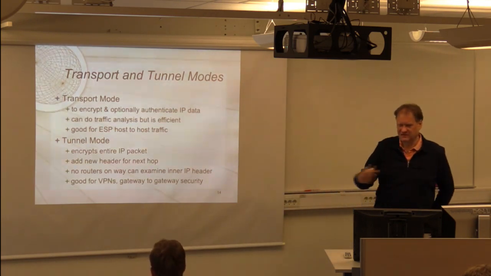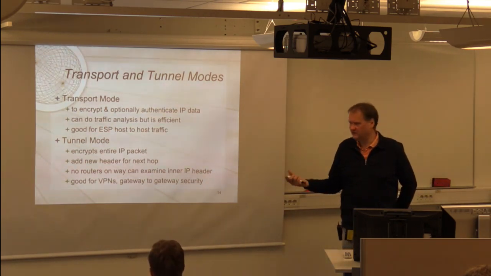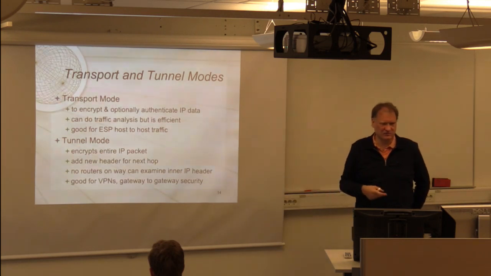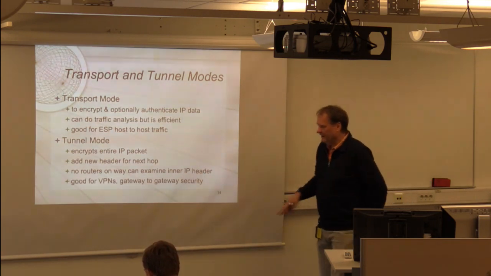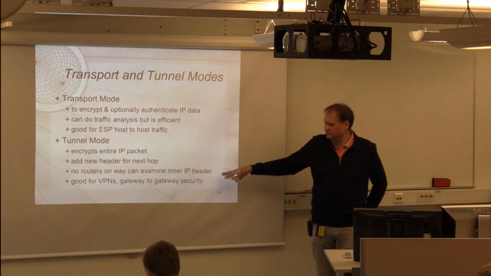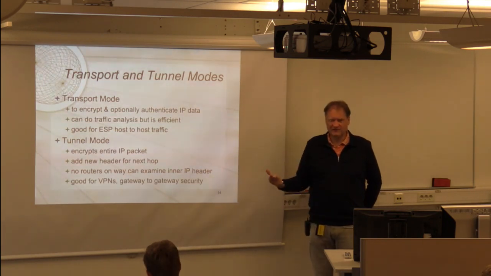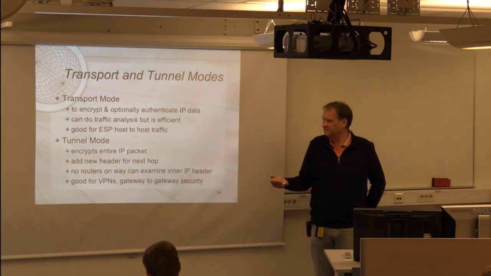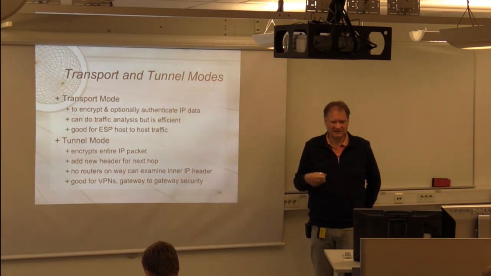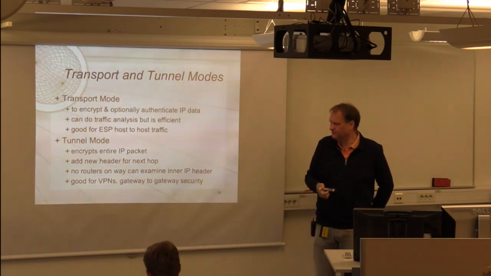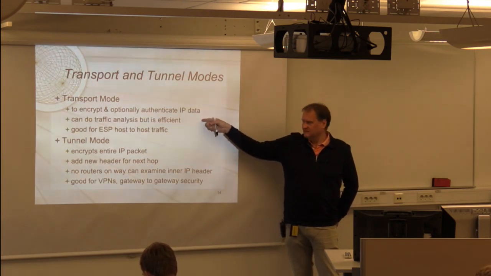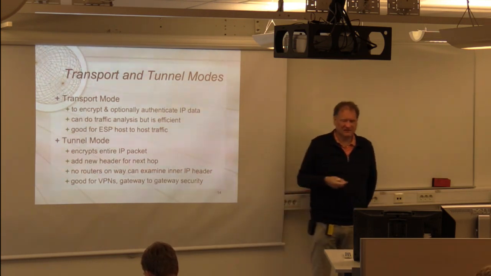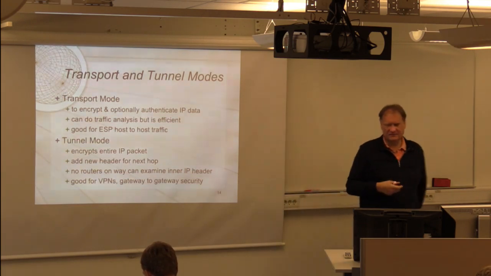Otherwise, if we send it out on the internet and the header is encrypted, of course it would just get lost because no one would know how to deal with it. That's why we have to add a new header. Anyone on the internet can now only examine the outer header. The inside header and the inside packet are encrypted and secured. While in transport mode, a man in the middle can actually inspect the original header and get some information from it.